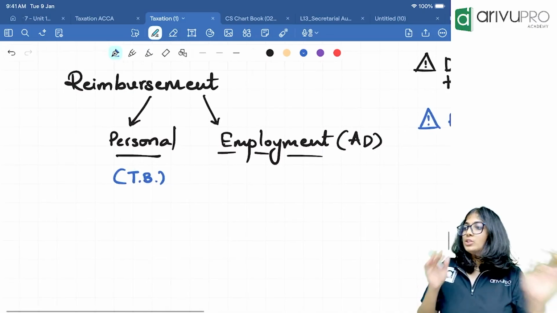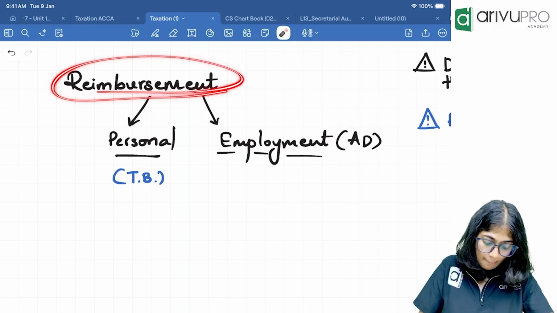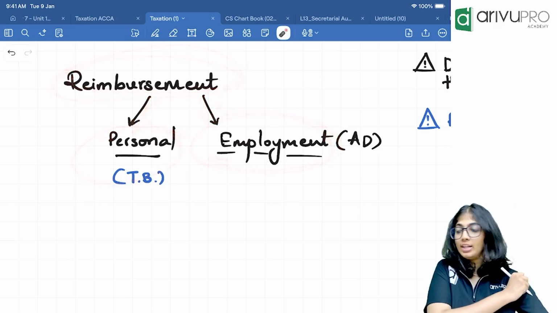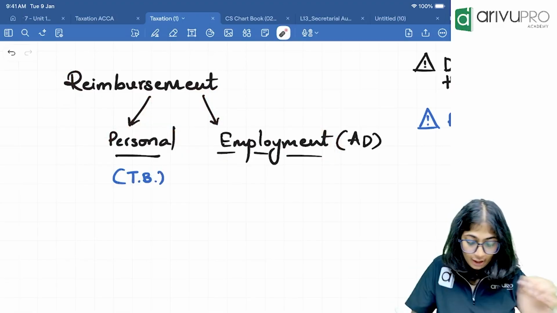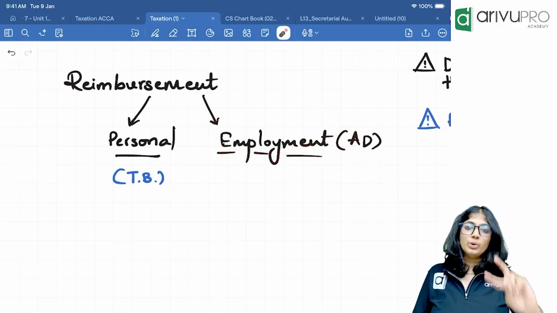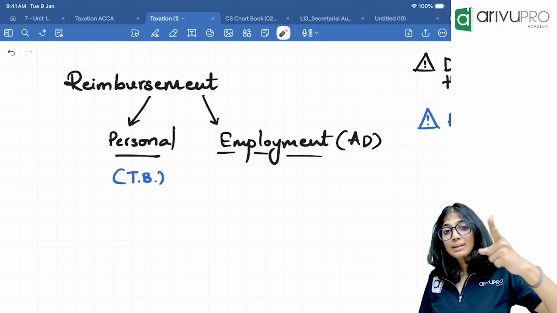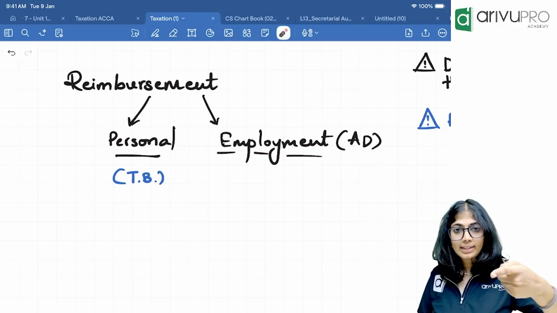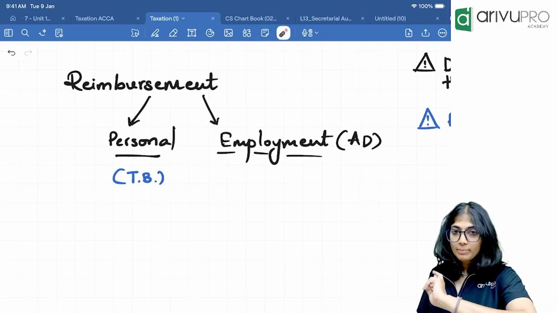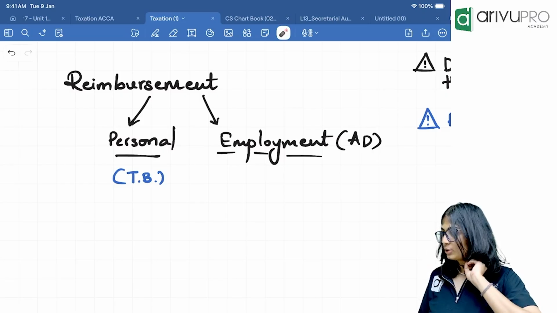Okay, so here's the thing. Reimbursement you're getting is for both personal and employment related stuff. The problem arises because employment related stuff is an allowable deduction. So here it gets netted off. You're getting reimbursement for employment related stuff, and you're getting deduction for employment related stuff. It gets netted off and the net total is 0.